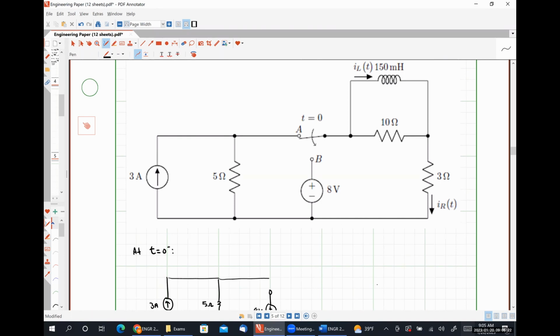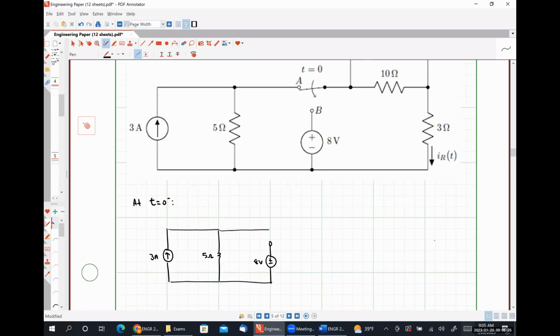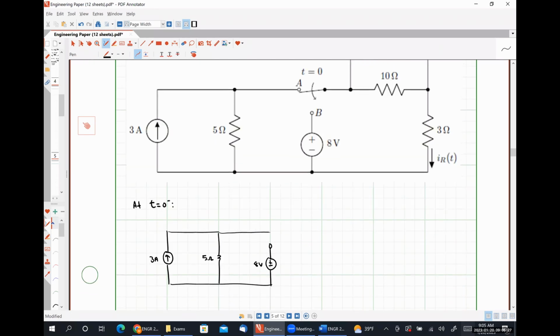And that short is going to be in parallel with the 10 ohm resistor, so I'm just going to not draw the 10 ohm resistor. And this is my current IL of 0 minus. And then here's my 3 ohm resistor. This is my current IR at 0 minus. And we're going to figure out what IL of 0 minus and IR of 0 minus are by analyzing the circuit.